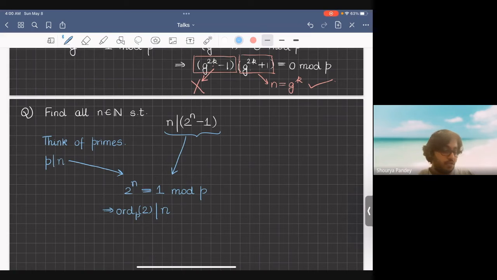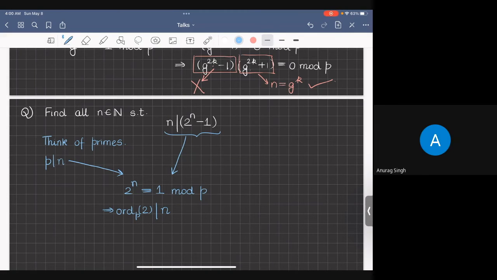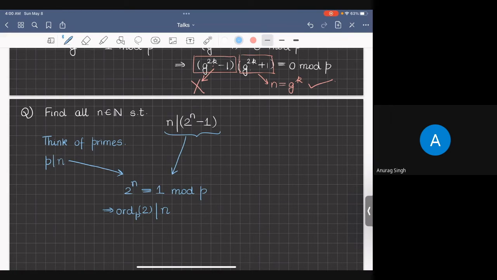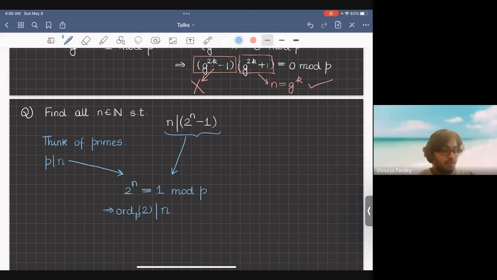But what do we do with this now? It will be p minus 1 itself. Why is this p minus 1? The order of any number with respect to p, which is co-prime to... no, that's not true. The order of 2 with respect to 7 is 3, right?